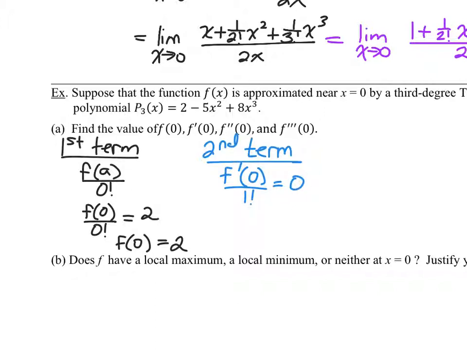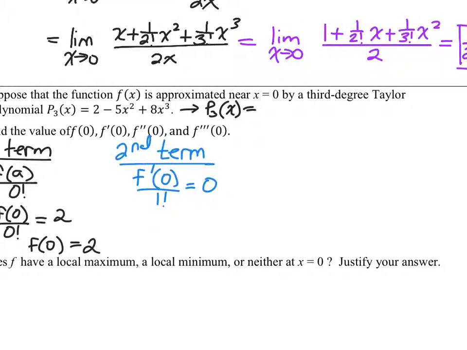Let me just rewrite it a little bit. It's kind of like synthetic division from back in the day. If there's a power not accounted for, there's an assumed coefficient of 0. So really this could be thought of as 2 plus 0x minus 5x squared plus 8x cubed. A little trick there.